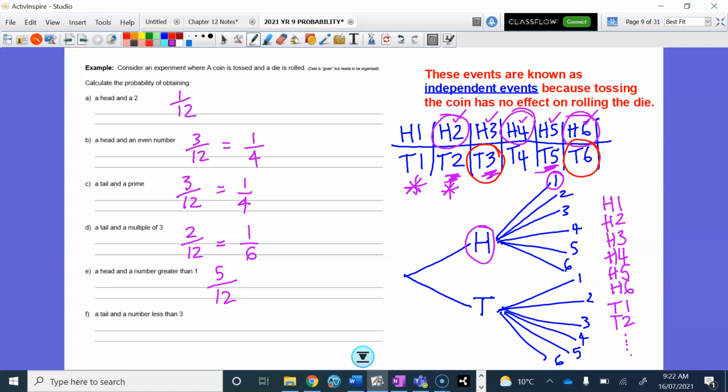So 2 out of 12, 1/6 again. So pretty straightforward questions. I guess the key to answering a question like this one is to be able to do some kind of diagram that helps you see fully the sample space, and then you can solve the problem.